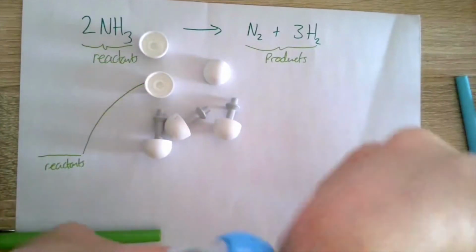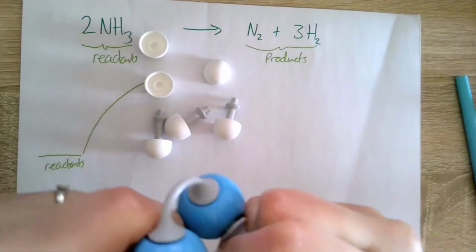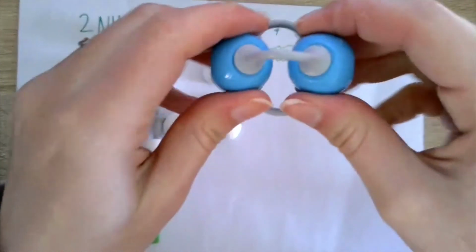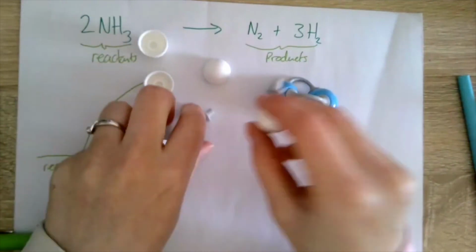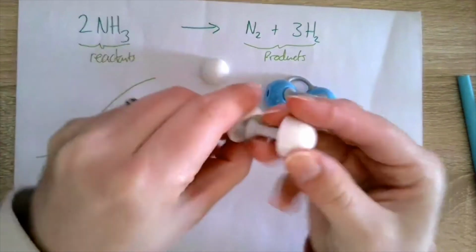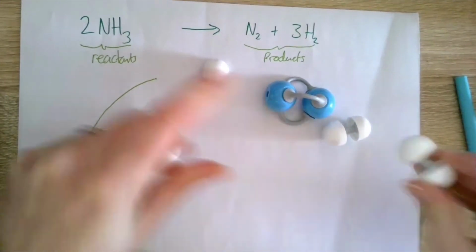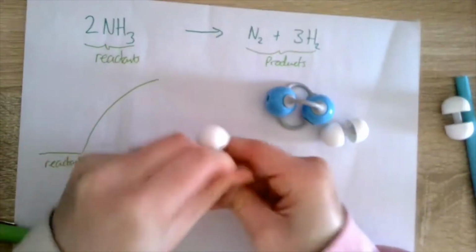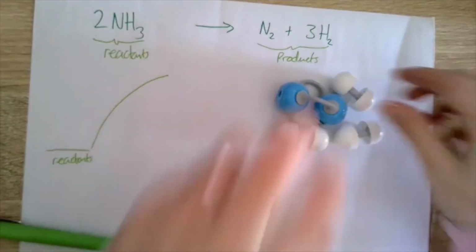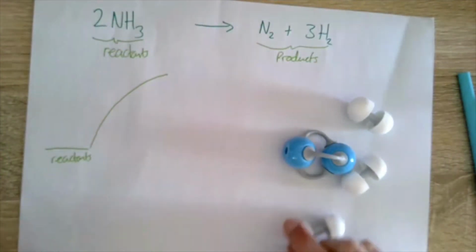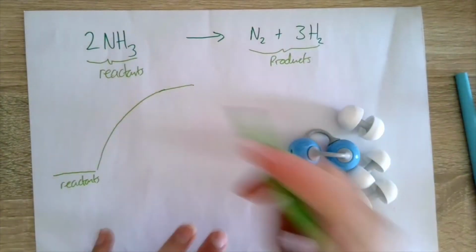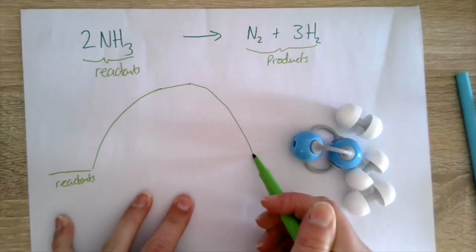So 3 covalent bonds, but we say we're just making 1 triple bond, so 1 N triple dash N. And then our hydrogens pair up, so 1, 2, 3 molecules of hydrogen made. And when we are making bonds, we actually release energy.